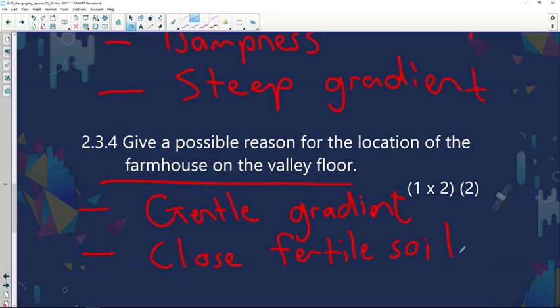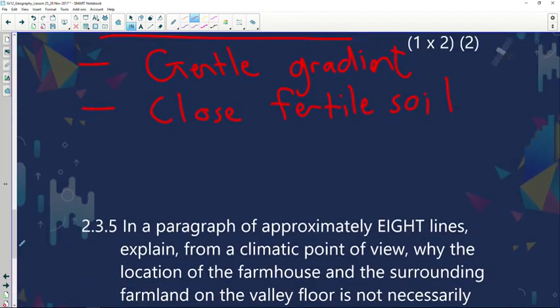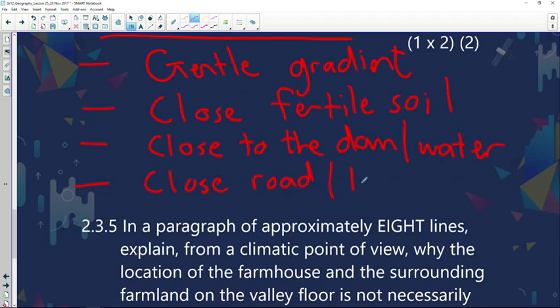And we can also mention it's close to the dam for water. And also close to the roads for transport access. You could have mentioned any of them and your answer would have been correct.